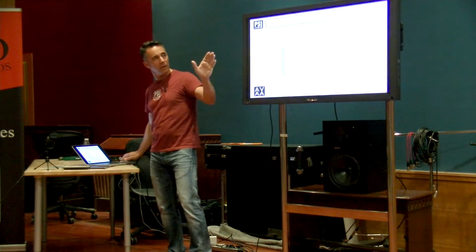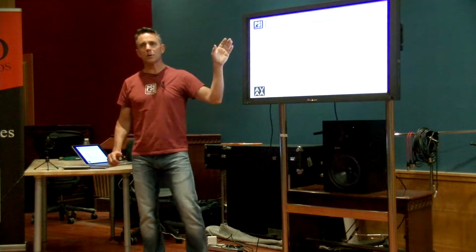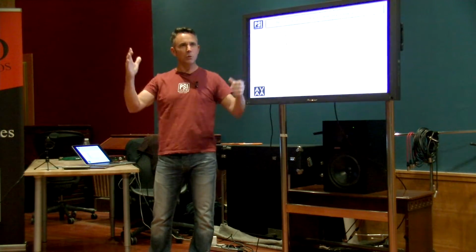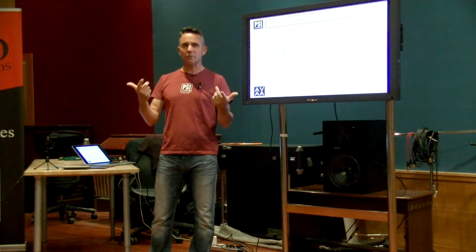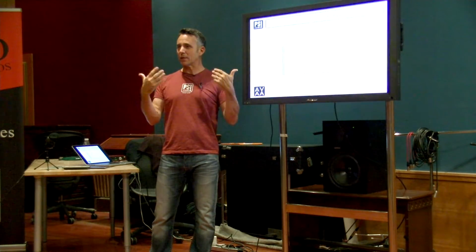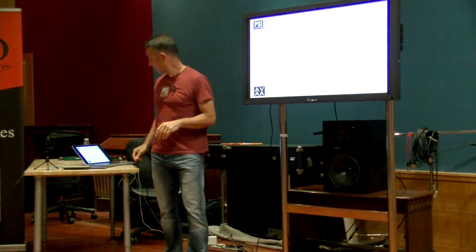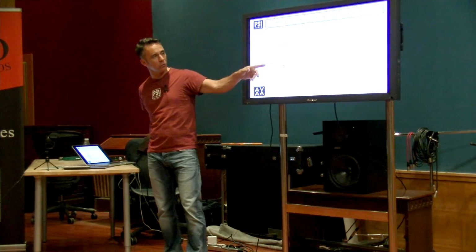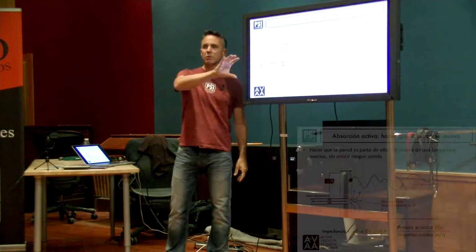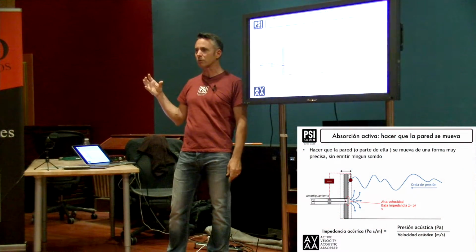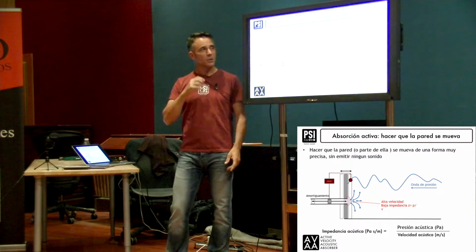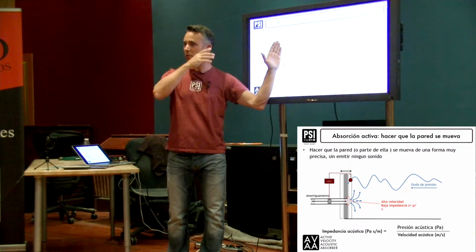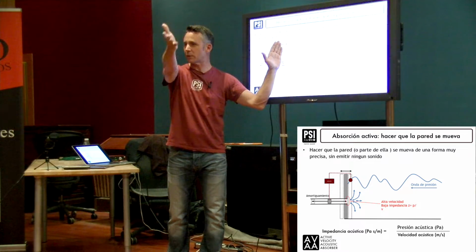Okay, so we make this move, but of course in acoustics it's very difficult to get a whole panel to move at the speed, frequency and phase you want it to without creating any other sound. It's very difficult. But what we can do, instead of making a big wall move, is make a small portion of it move, but you move it further, displacing the same amount of water or air. Okay? So imagine these are waves. You have to move this wall back and forth to avoid the waves crashing and creating echo.